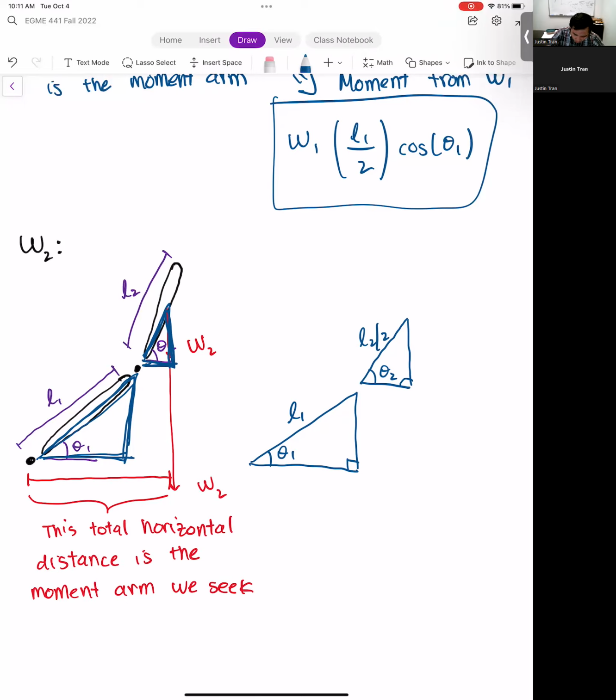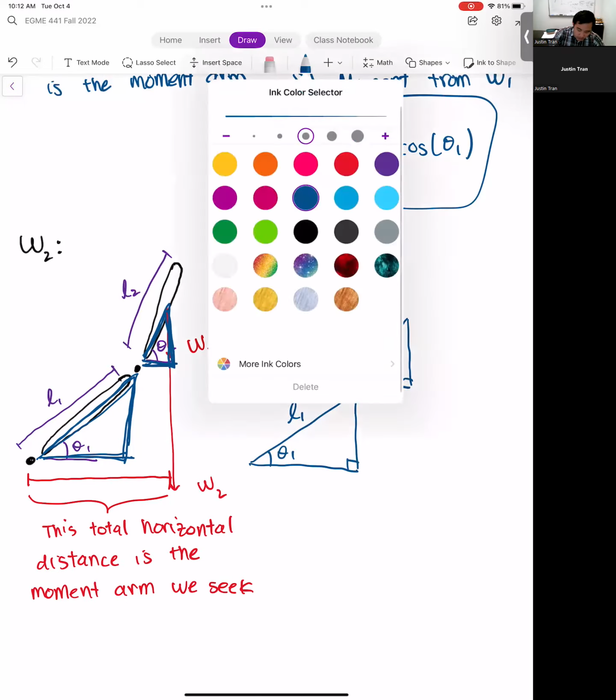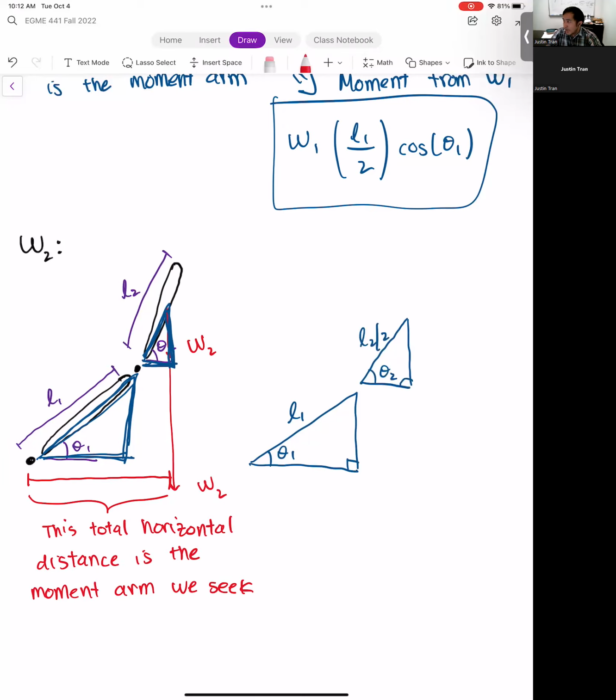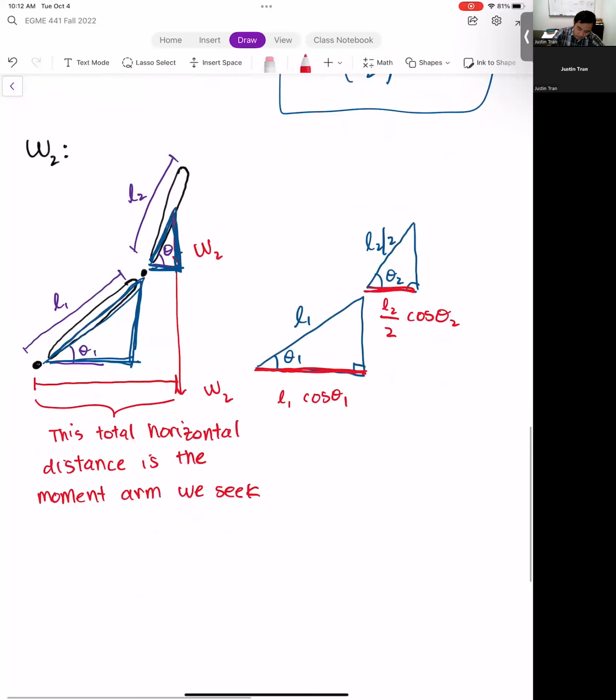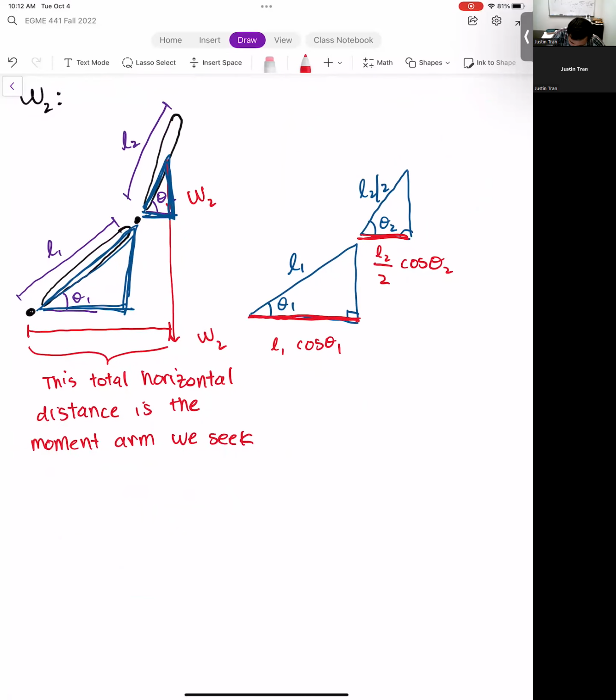Okay, and so the total horizontal distance that we want is going to be the sum of the adjacent edges of these two triangles. Okay, so we have this edge right here, and then this edge right here. Okay, so let's go ahead and add up those distances. And so the bottom one here is going to be L1 multiplied by cosine theta 1. Okay, and then similarly for the upper triangle, we have the hypotenuse L2 divided by 2 times cosine theta 2. Okay. And so the total distance is just going to be these two added together.